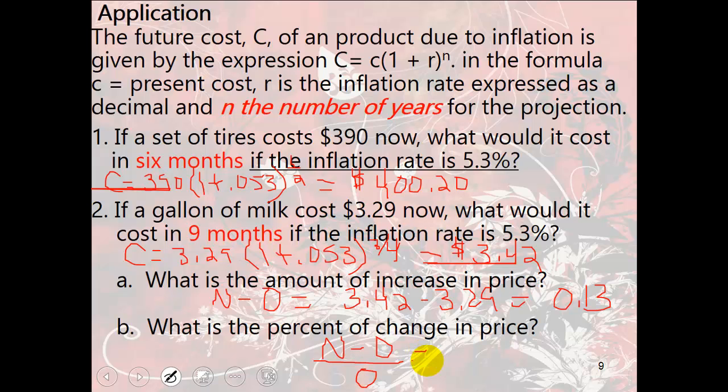We already calculated 0.13 divided by 3.29, and that gives us 3.95%, I believe. You're going to multiply that by 100 to write it as a percent. So that is 3.95% change.